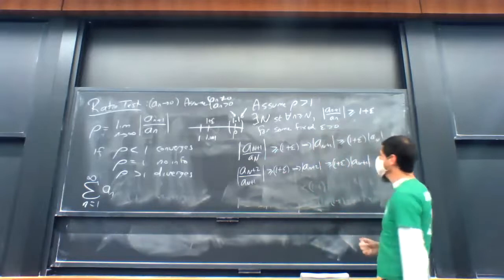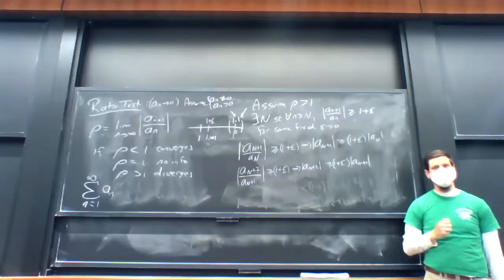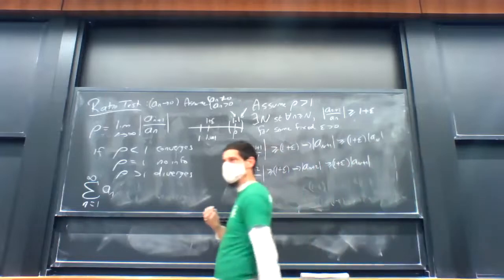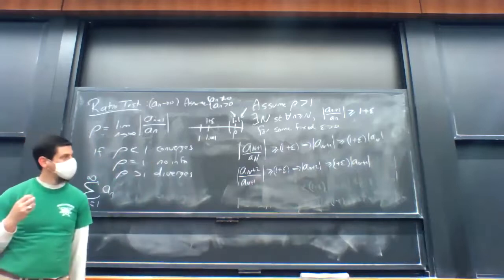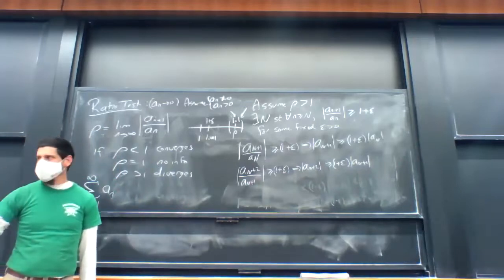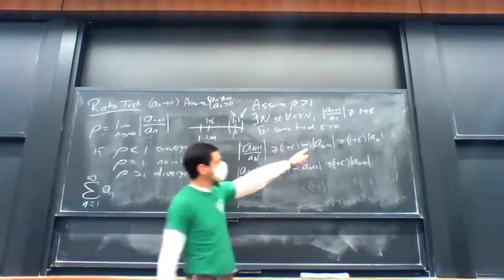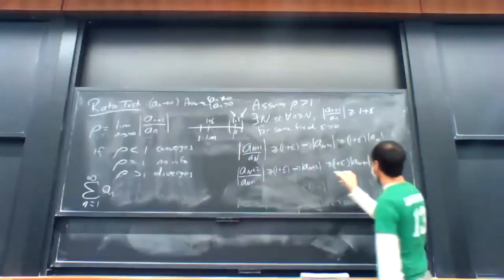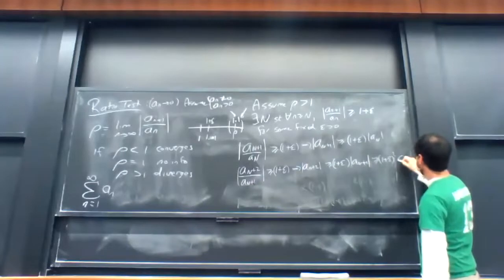But what do we know about a_{N+1}? Almost. You used the word equal. It's greater than or equal to. We know |a_{N+1}| is at least 1 plus epsilon times |a_N|, so we get |a_{N+2}| is at least 1 plus epsilon squared times |a_N|.